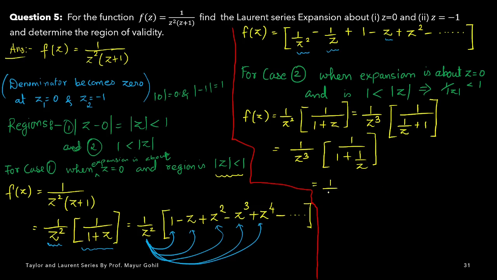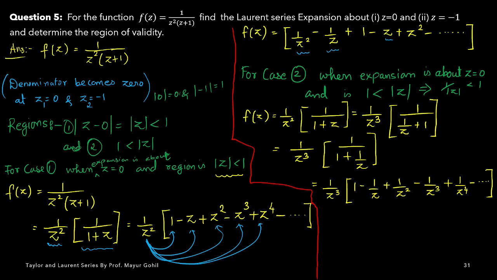So 1 upon z cube remains as it is, and now the expansion is 1 minus 1 upon z plus 1 upon z square minus 1 upon z cube plus 1 upon z raised to 4 minus and so on, this goes on. Now let us multiply the terms a bit more and see.